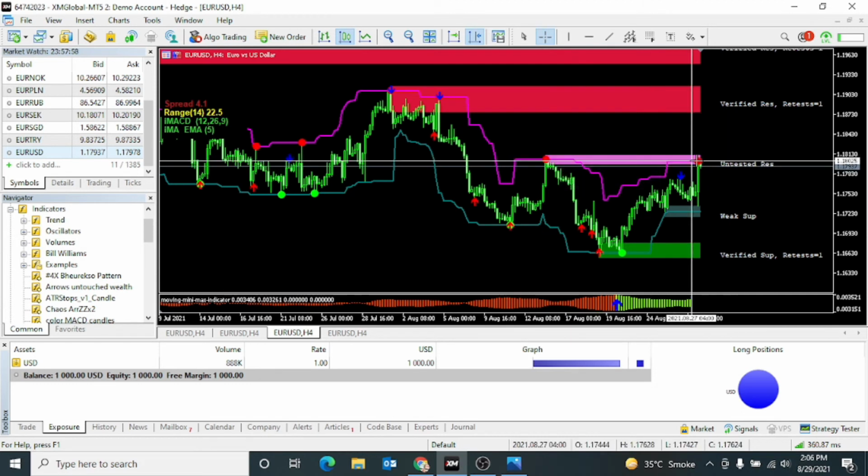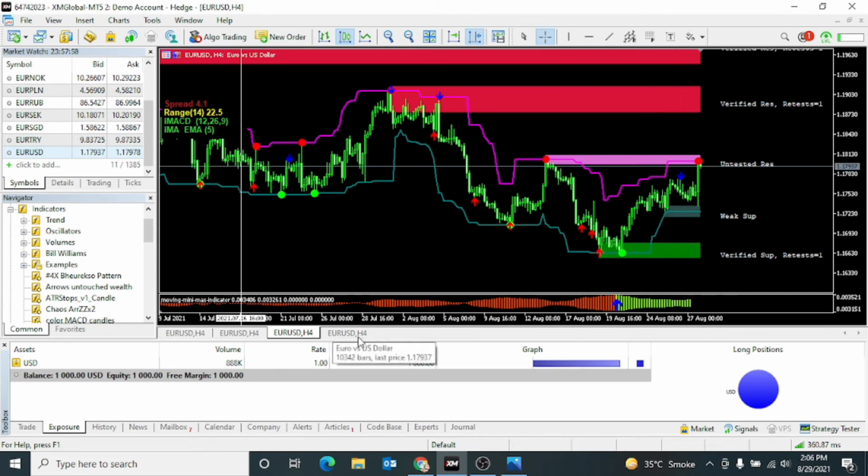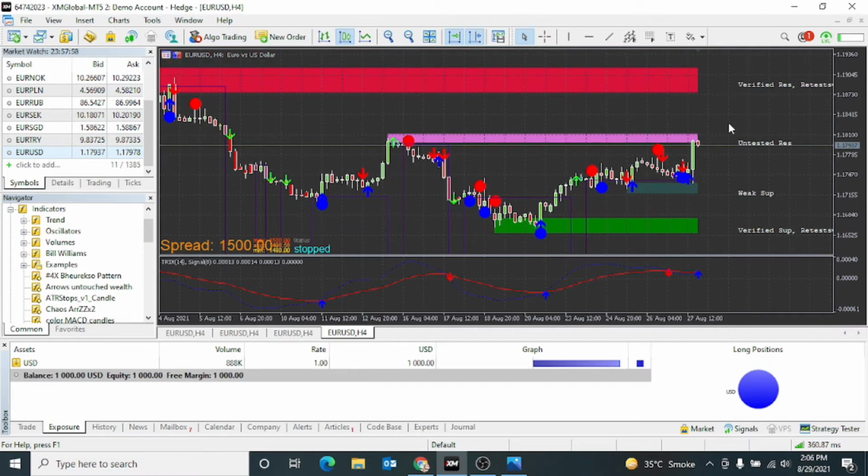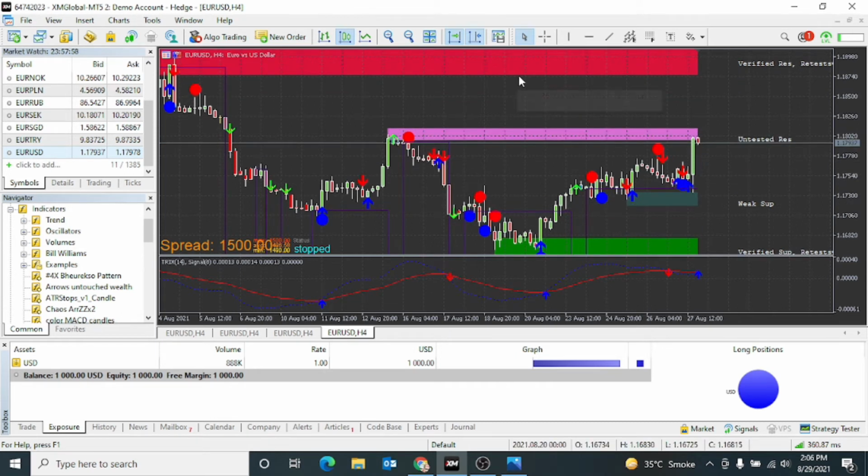Here also is a selling position. This indicator is giving you the sell signal. So with all the cross checks, we have found the sell signal at this point.